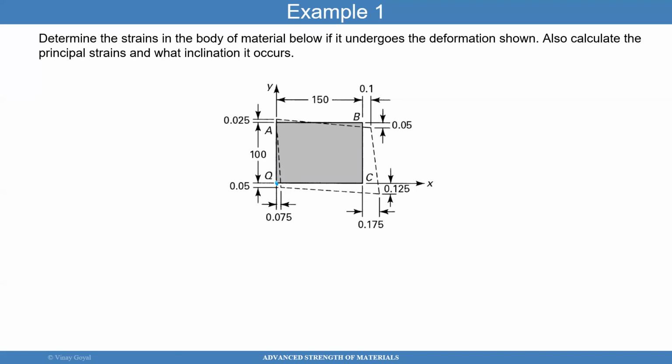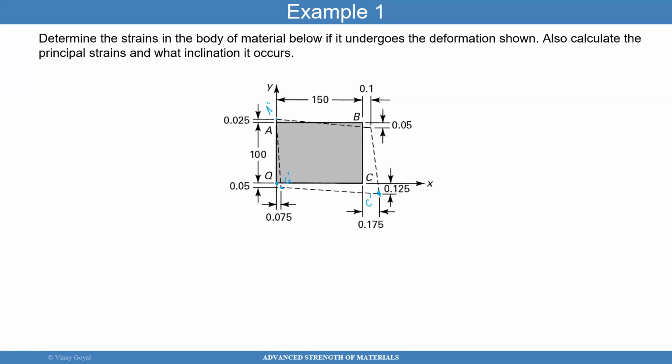It starts with the solid lines A, B, Q, C, and Q moves to the location Q prime, C moves to location C prime, and A moves to location A prime.